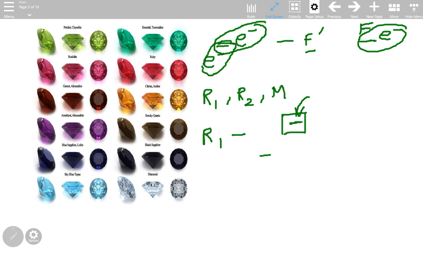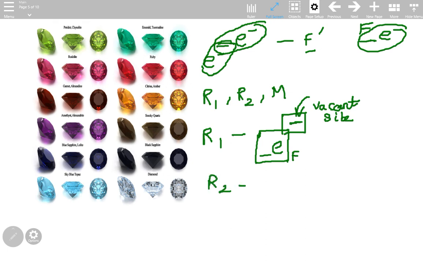A negative site with an electron already, which is known as an F center. So both get combined or attracted together. This is one F center and this is the vacant site. So this is called the R1 center.